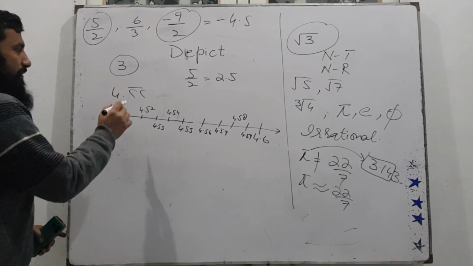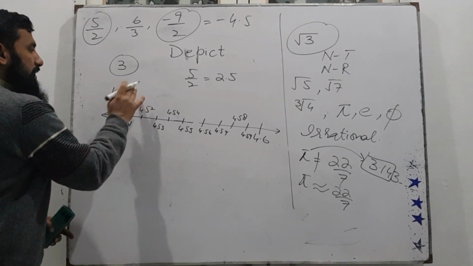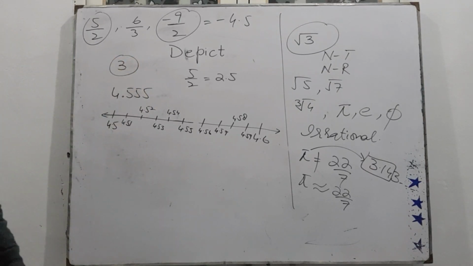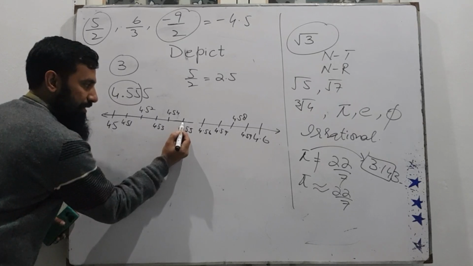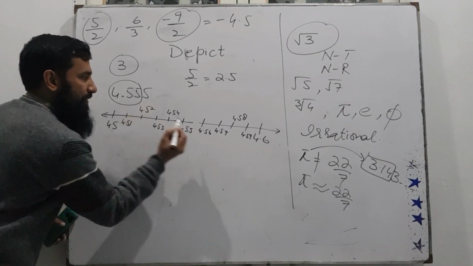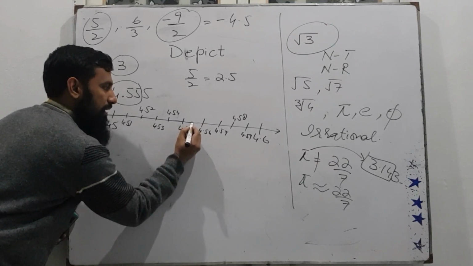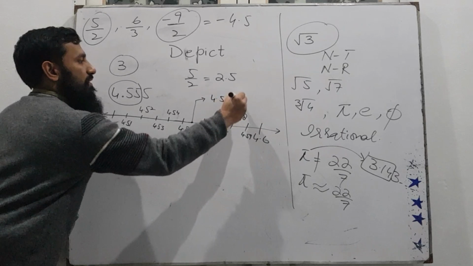It means if I want to represent the number 4.555, if it is only 4.5, it will be here. And if it is 4.55, it will be in between these two. It means this number is actually representing 4.555.